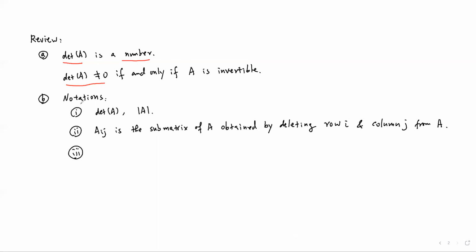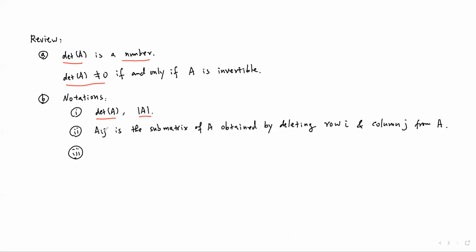Review 2. Some notations. Remember these notations. First, the notation for a determinant is this, and also this. The two vertical lines here don't mean absolute value, but mean determinant. Second notation, Aij.